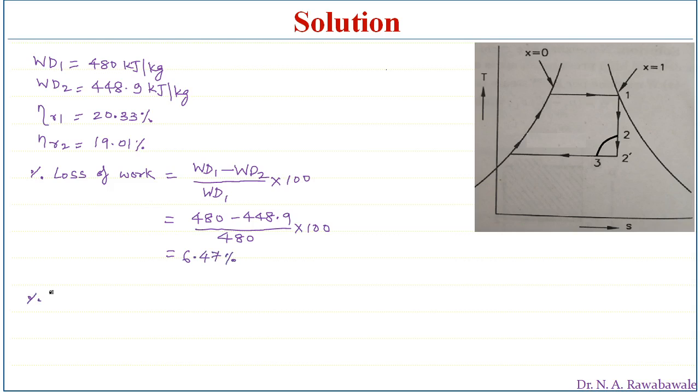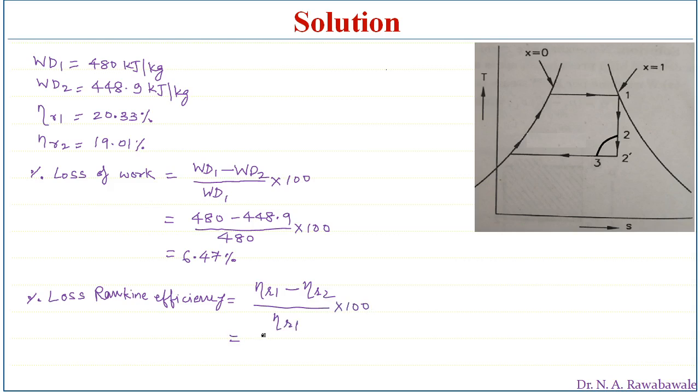Percentage loss of Rankine efficiency is equal to Rankine efficiency 1 minus Rankine efficiency 2 divided by Rankine efficiency 1 into 100.